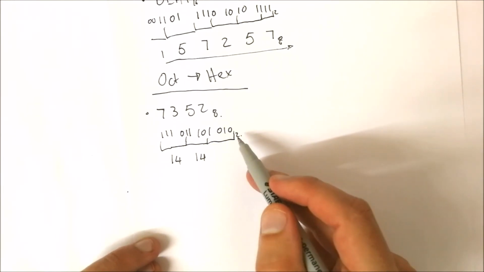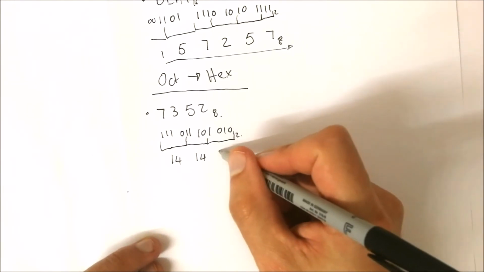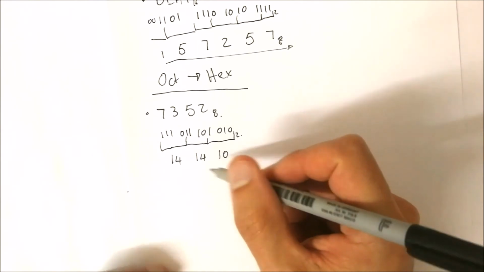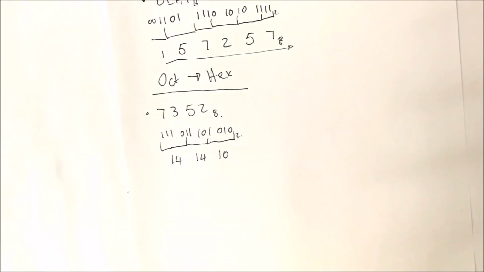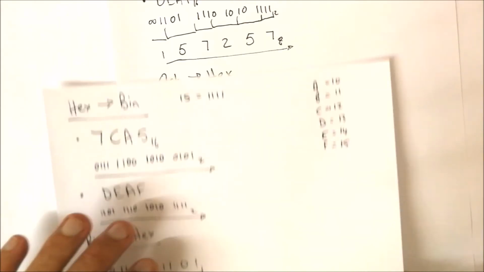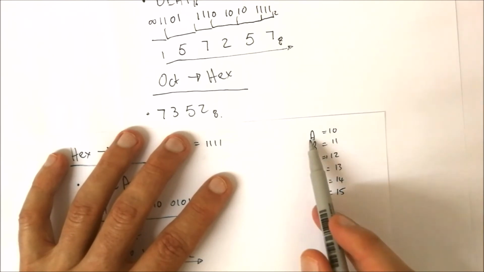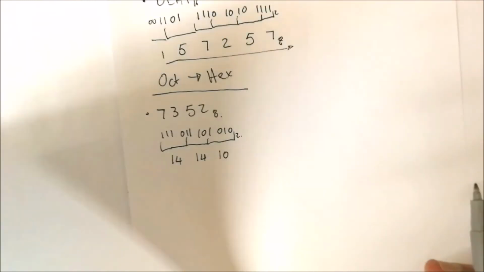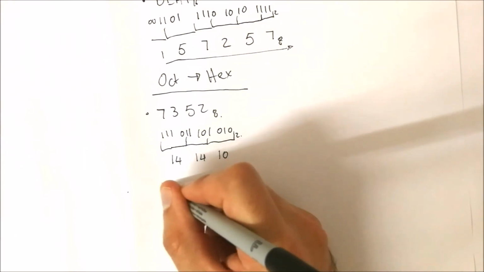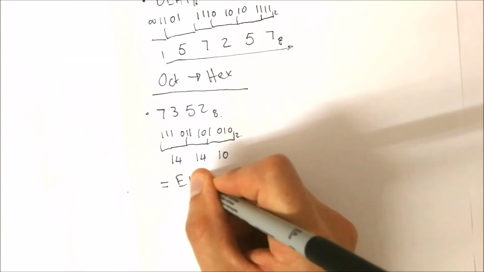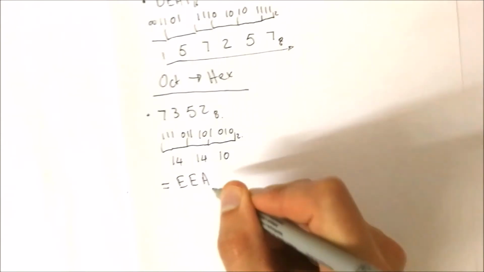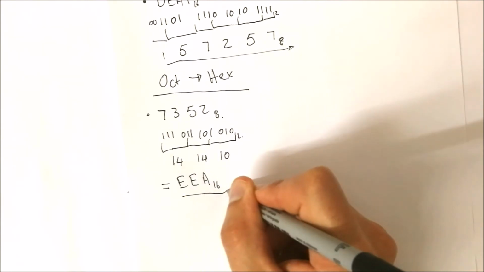And 1010 is equal to 10. What's 14 equal to when we look at our tables? Remember, 14 was equal to E, and 10 was equal to A. So that means this is equal to EEA, base 16.